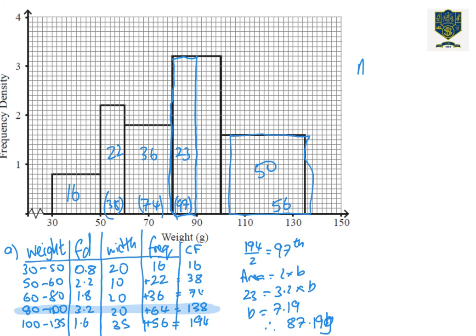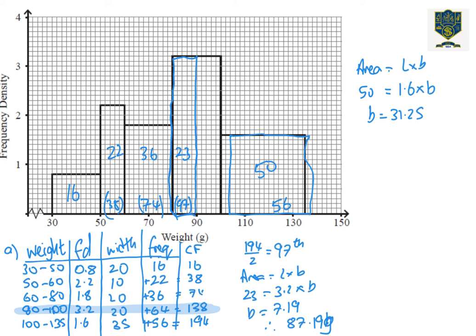So area is length times breadth. We know that the area is going to be 50. We know the height of the bar to be 1.6. And we need to work out the width or the breadth. So if we divide 50 by 1.6, we get the breadth to be 31.25.